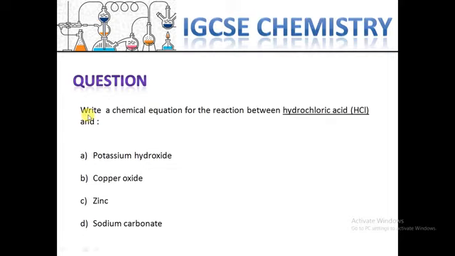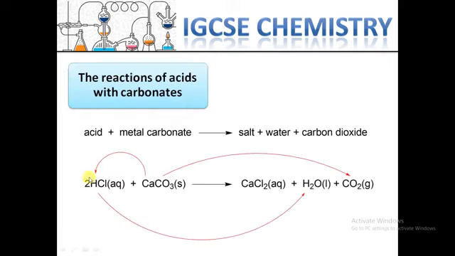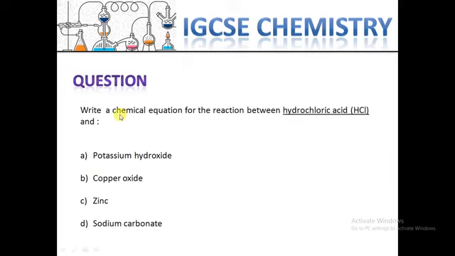You need to write a chemical equation. A chemical equation is like this: you need to put plus and an arrow. You need to write a chemical equation for the reaction between hydrochloric acid, which is your acid, and potassium hydroxide, copper oxide, zinc, and sodium carbonate. So you need to use the three kinds of reaction for acids.